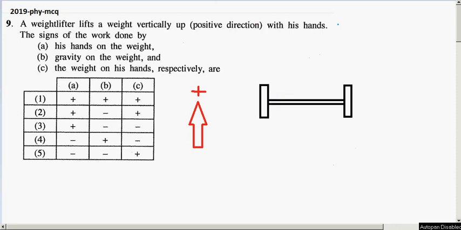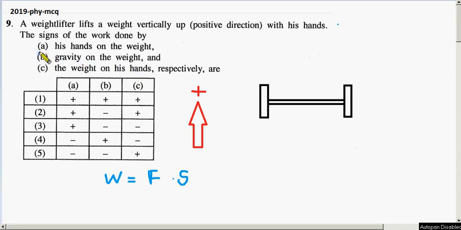So this is the weight. The first thing we have to think about is what they ask: work. What is the equation for work? Work equals force times displacement. So we have to now check the sign of each of these, force and displacement.